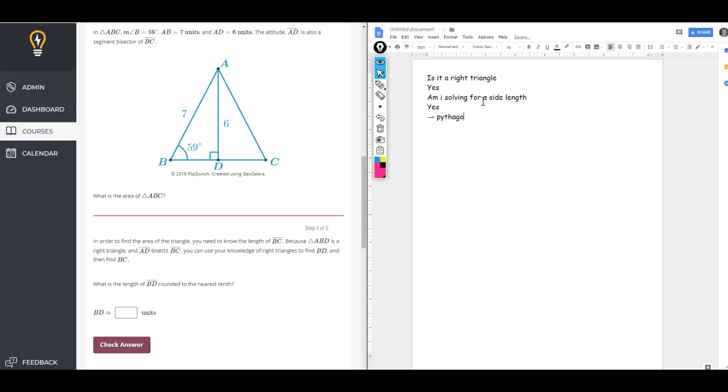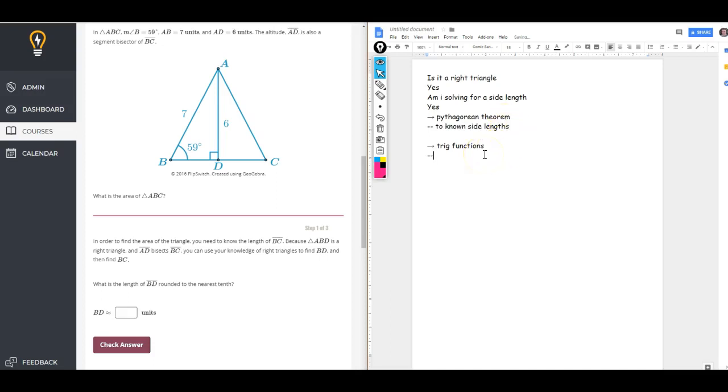We have the Pythagorean theorem, or we have sine, cosine, tangent. We have the trig functions. Now, what is required for the Pythagorean theorem to find side lengths is we have to have two known side lengths.